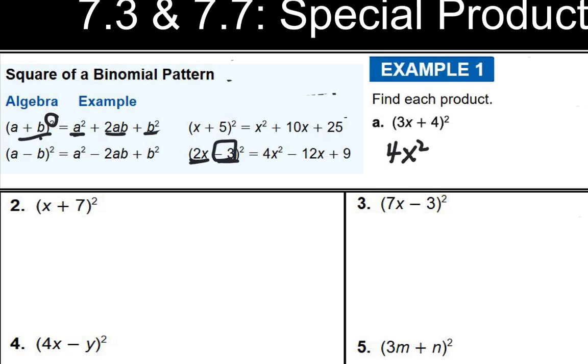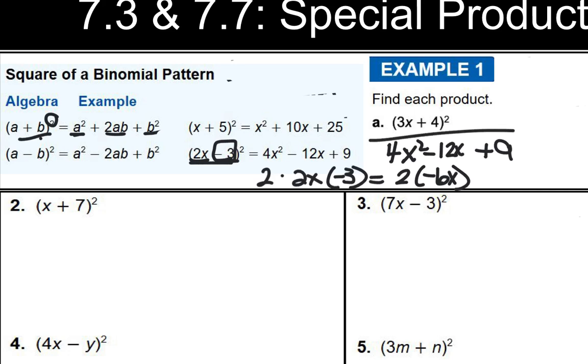Take the sign with it, negative 3 times negative 3 is positive 9. And in the middle, we're going to say 2 times 2x times negative 3. So that'd be 2 times negative 6x. So in the middle, we're going to put minus 12x. And that's your factor. Your polynomial.